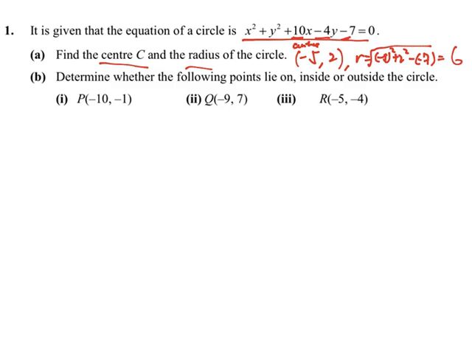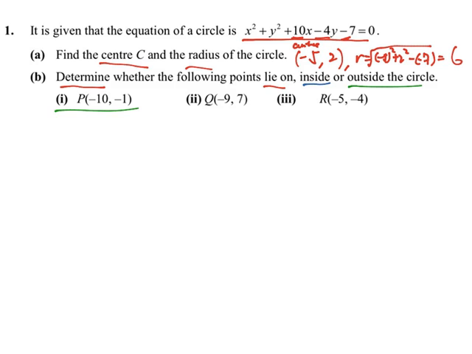Now we need to determine whether the point lies inside or outside the circle. Let's see this example. There's a point P, negative 10, negative 1.